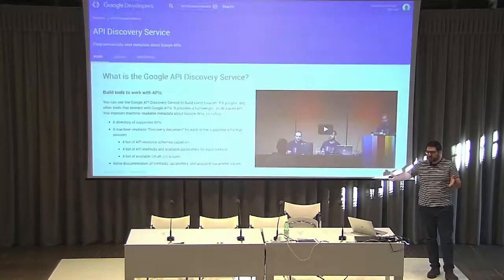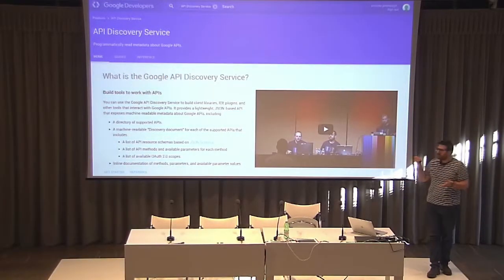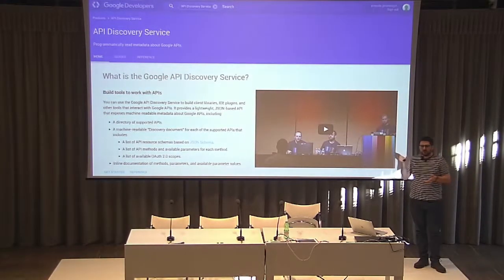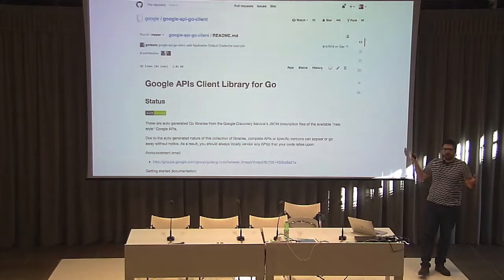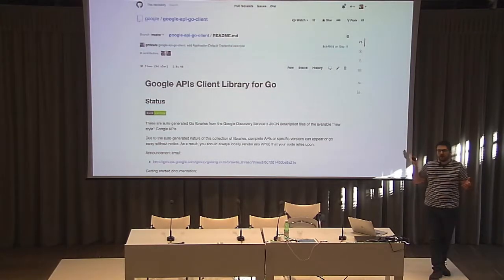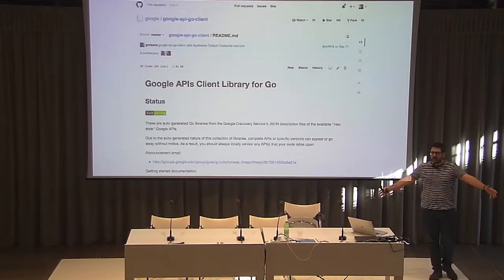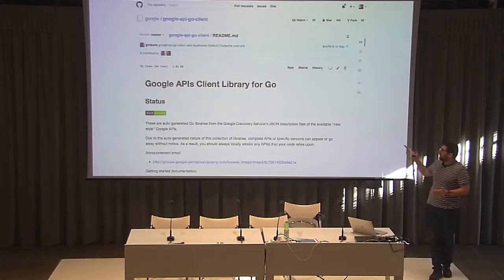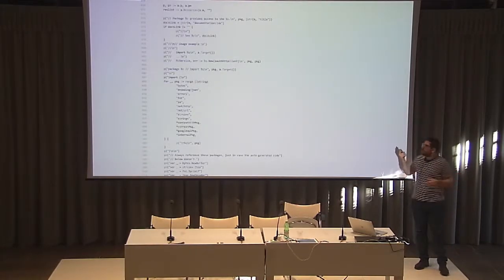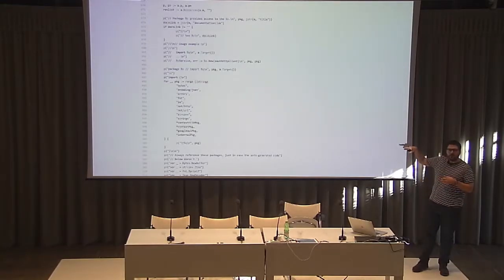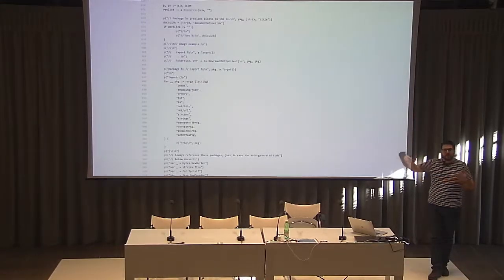One example for that is Google, which has this API discovery service where they define all their APIs in JSON. And then when you go to one of their libraries, like the Go standard library, all the code for all their APIs is actually generated automatically. If you go into this repo, apart from having all the libraries for all the services Google has, you can see there's a package where they are generating the code for those packages, so they don't maintain them themselves.